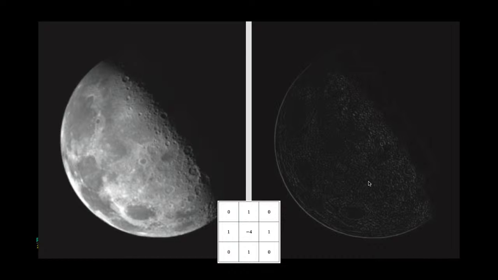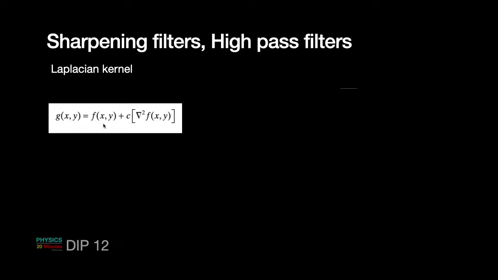Now most of the time you will find that these edges are not of that great use, unless you have some method to strengthen them in the original image. So that's what we do now.